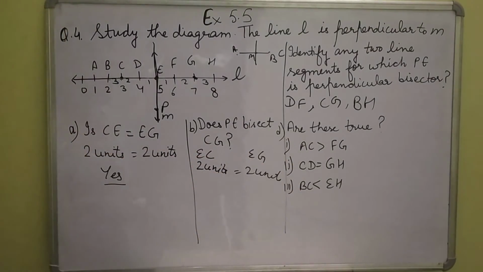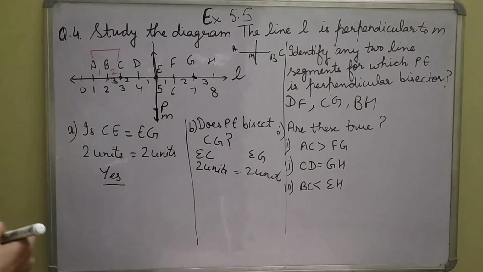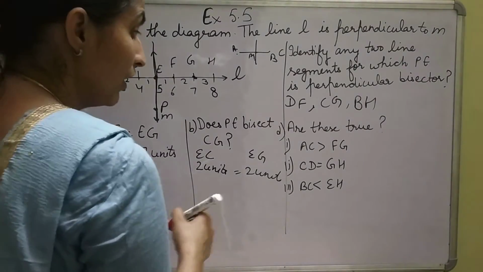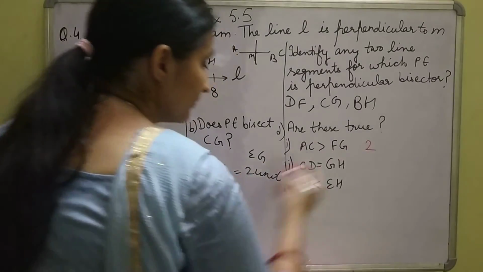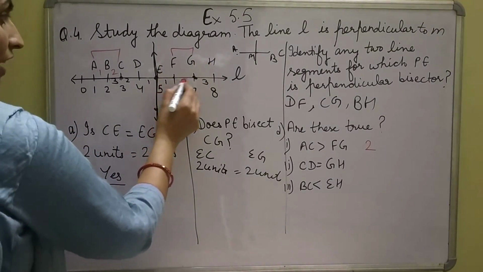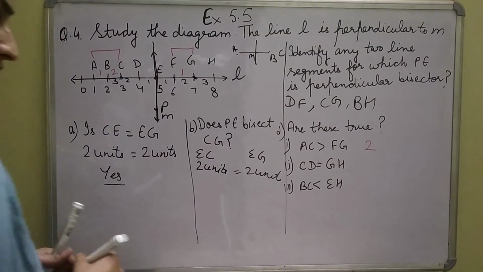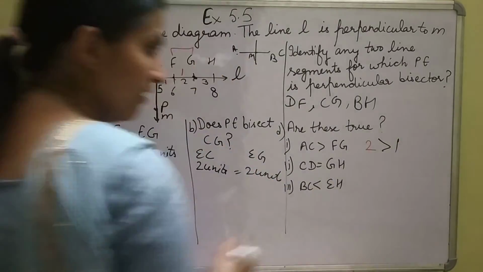AC greater than FG. First of all, let's find AC. This is our AC: 1, 2, so 2 units. FG is this one. F to G is 1 unit. So 2 is greater than 1.